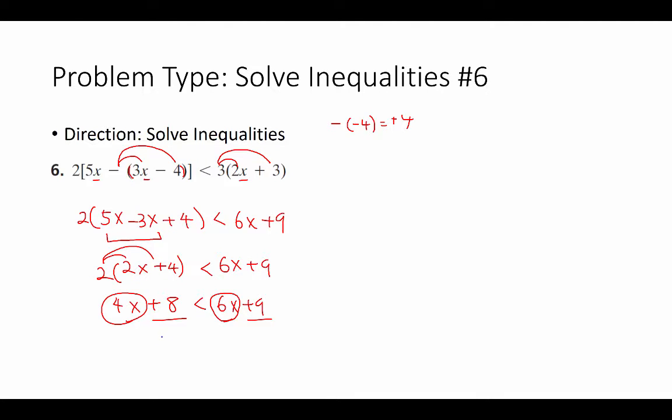I'm going to subtract 8 on both sides so the numbers are on the right side. And I'm going to subtract 6x, just so that all the x's are gathered on the left side of the inequality. So 4x minus 6x is simply negative 2x, and 9 minus 8, I should have positive 1.